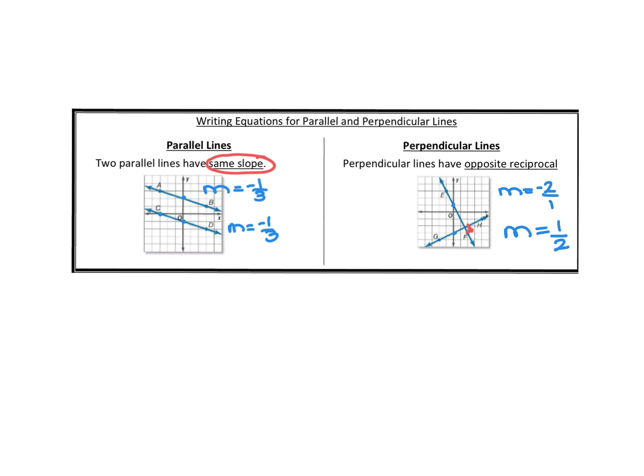Notice how they're the opposite reciprocals. Because my first slope was negative, my second one is positive. And then the flip, or the reciprocal, of -2/1 is 1/2. So we're doing the flip, or the reciprocal. So parallel lines, same slope. Perpendicular lines have the opposite reciprocal slopes.